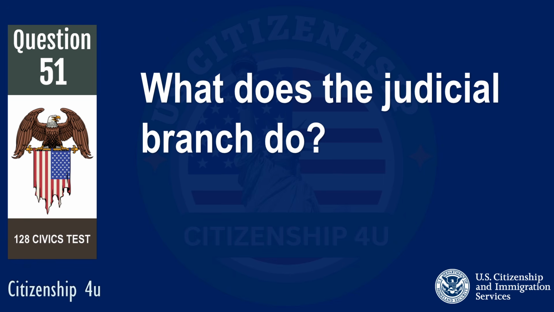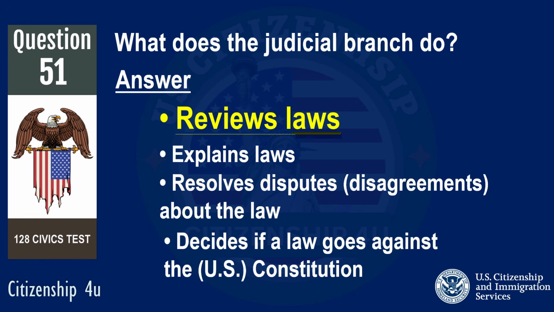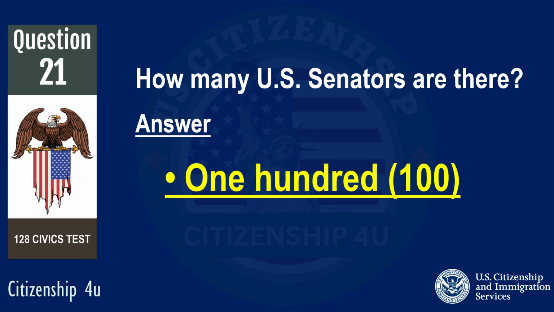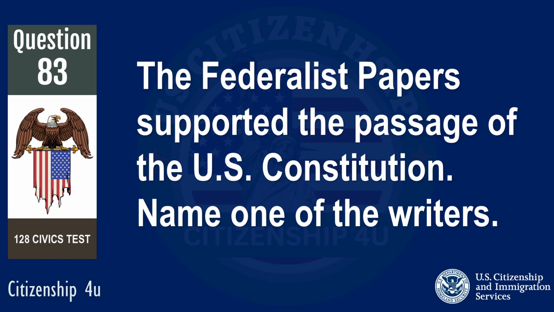What does the judicial branch do? Reviews laws. How many U.S. senators are there? 100. The Federalist Papers supported the passage of the U.S. Constitution. Name one of the writers.